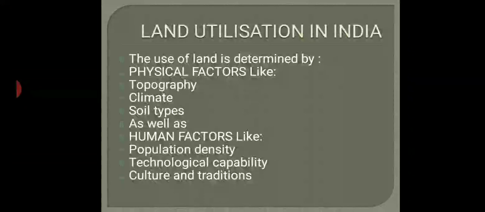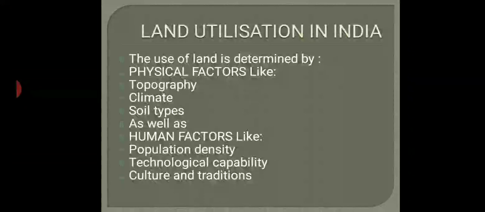The total geographical area is 3.28 million square kilometers, but the data available is only for 93%, because the data of the northeast states except Assam is not with us, likely because these are forested areas where data collection is most probably not possible.